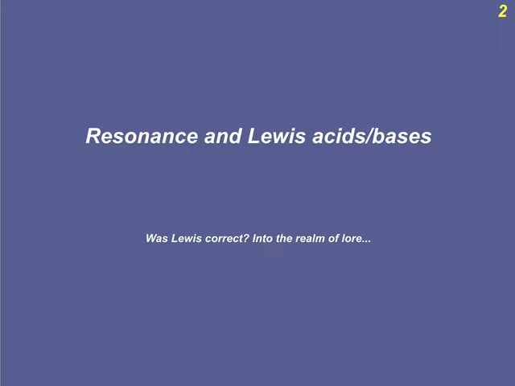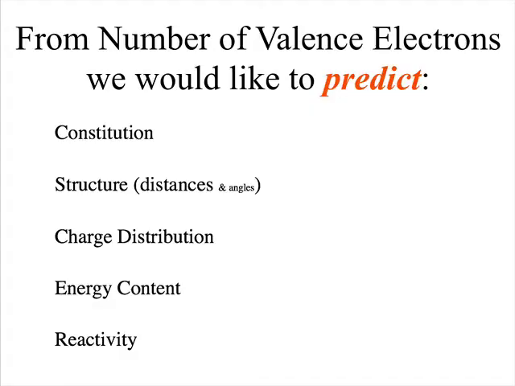So we're going to dive into the realm of lore, meaning material that has been passed down more as a method of teaching and understanding than as a basis in fact. So this is a pretty interesting chapter. There's quite a bit of philosophy to it, so hopefully that'll keep it interesting.